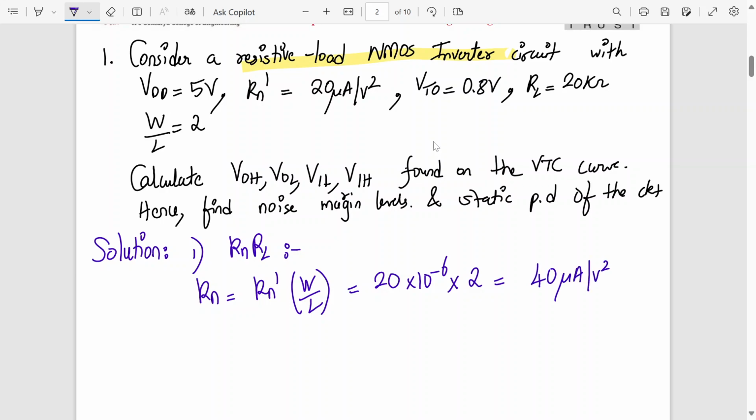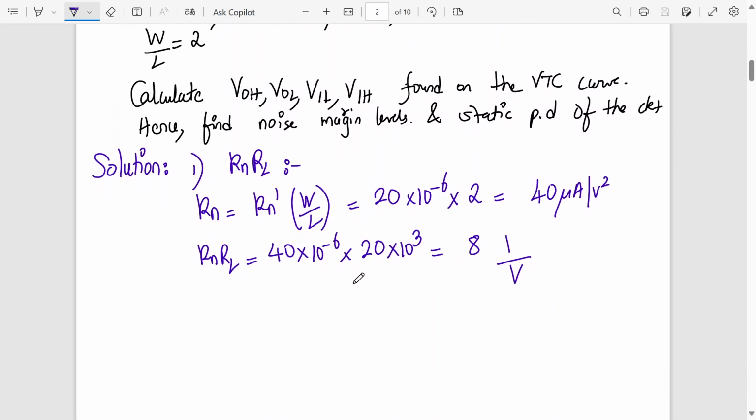Kn into RL will be what? 40 into 10 to the minus 6, RL is 20 kilo ohm, so 20 into 10 to the 3. This comes out to be 8, and the unit is per volt, V raised to minus 1 actually. So Kn into RL is 8. This will come in handy later.